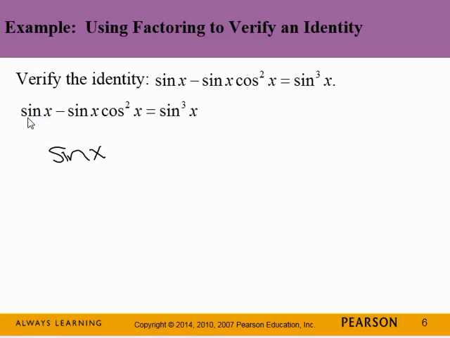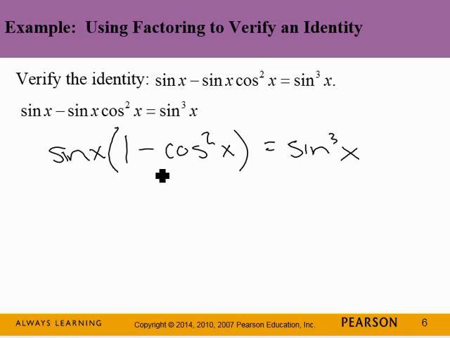When you look at sine x minus sine x cosine squared x, you have a sine x in common. So this means you're going to take out sine x, your greatest common factor. So this leaves you with sine x times 1 minus cosine squared x equals sine cubed x.